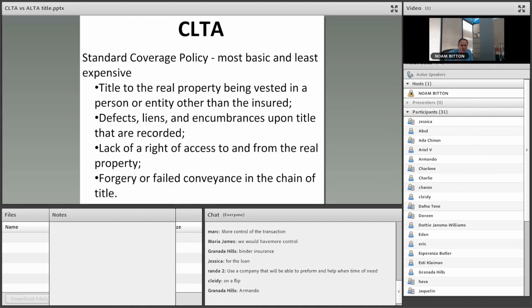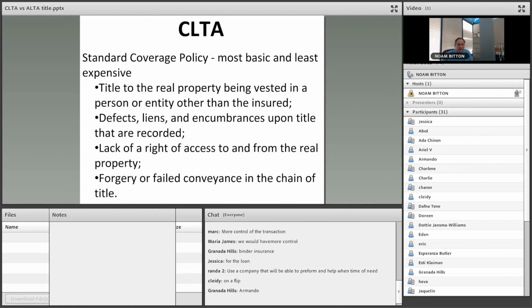So if there's going to be a lien coming on the property after the title changed hands, that will be covered. Also, if there's going to be a problem accessing the property, that's going to be covered. And the last one is if there's any forgery or problems when conveying in the chain of title.